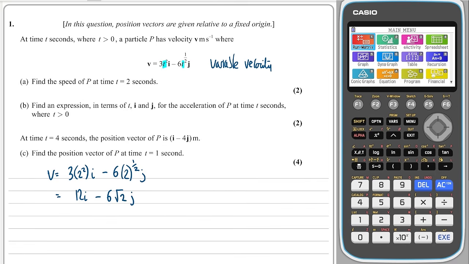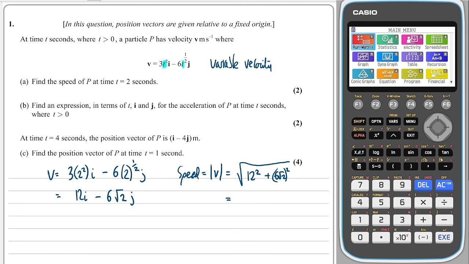Now that's the velocity, it's not the speed. The speed is the magnitude of the velocity, which means I need to take the square root of the components squared. So I'm going to square 12, and add that to 6 root 2 squared.